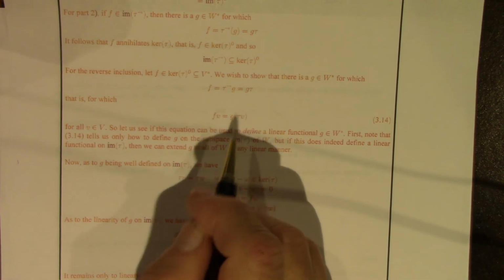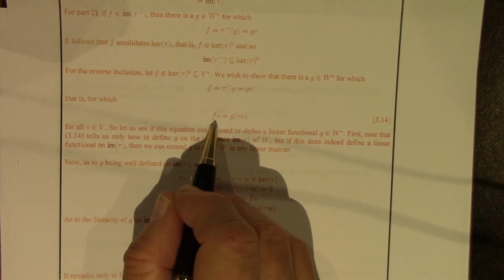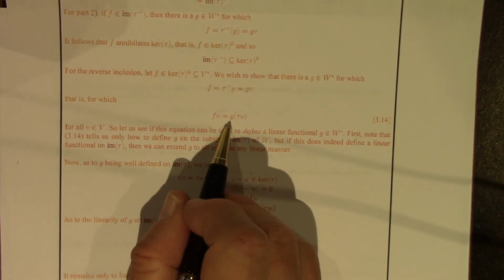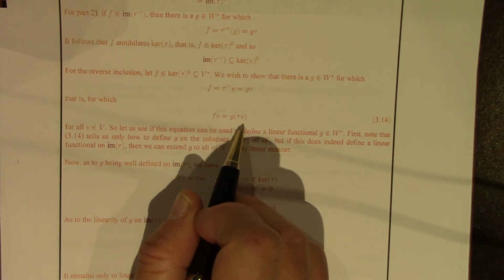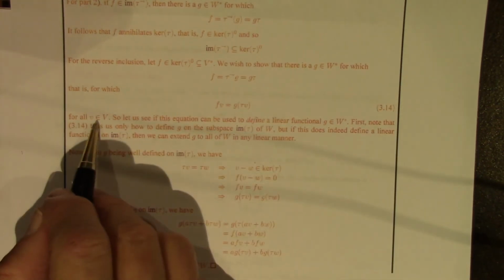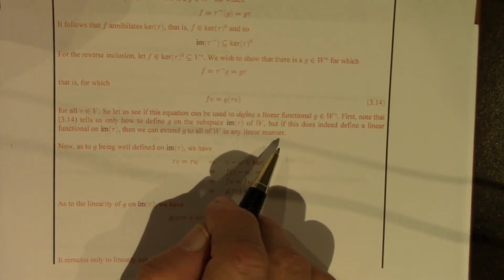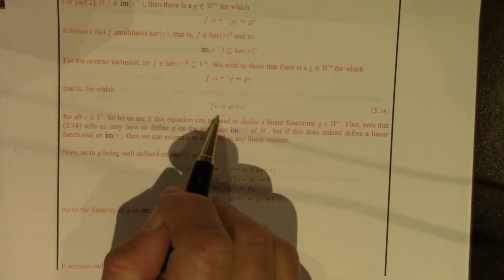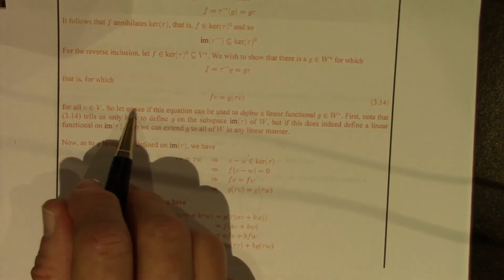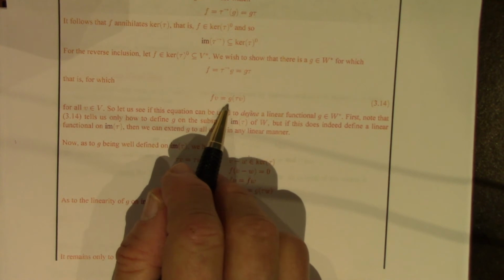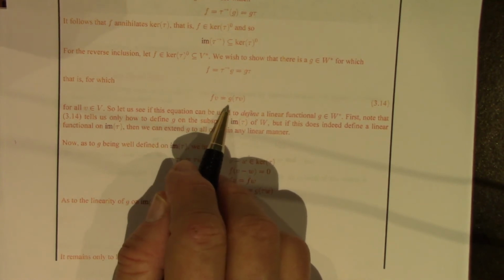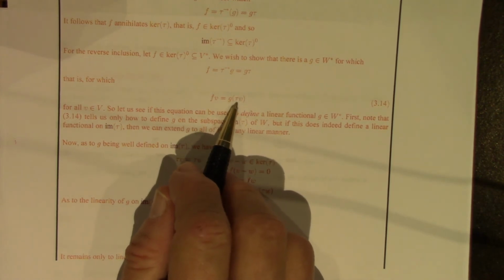Or, put another way, F applied to any vector V is G of tau V, for all vectors V. Well, in this equation, we're looking for G. This equation is an attempt at a definition of G on the image of tau.